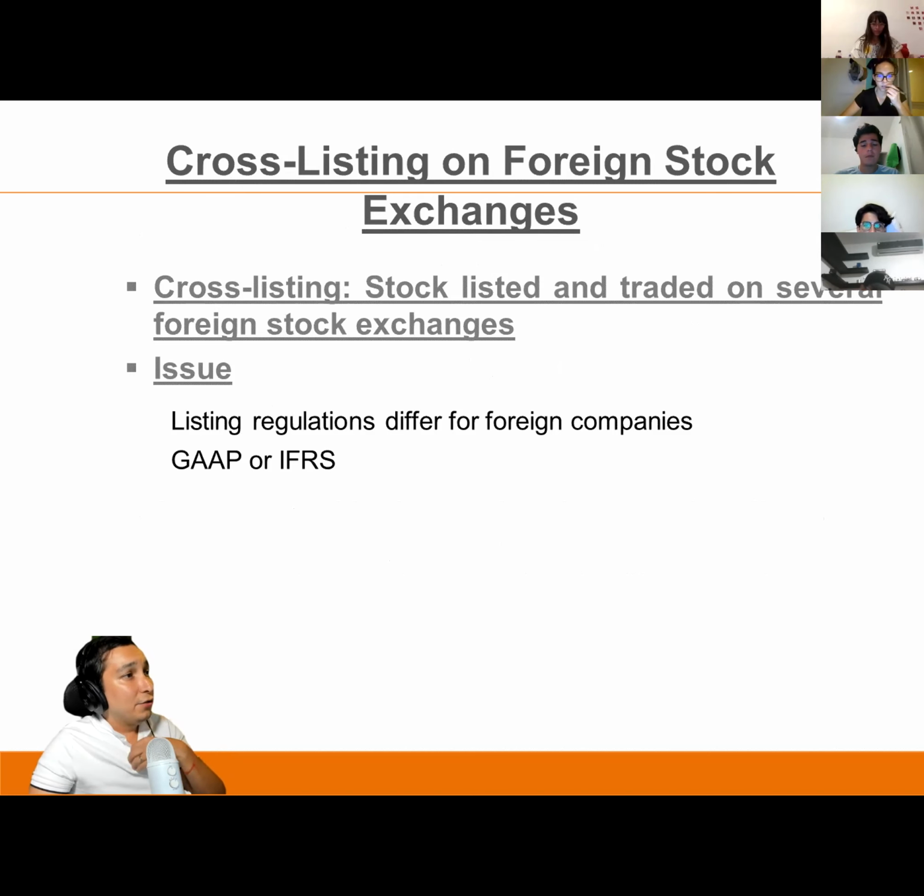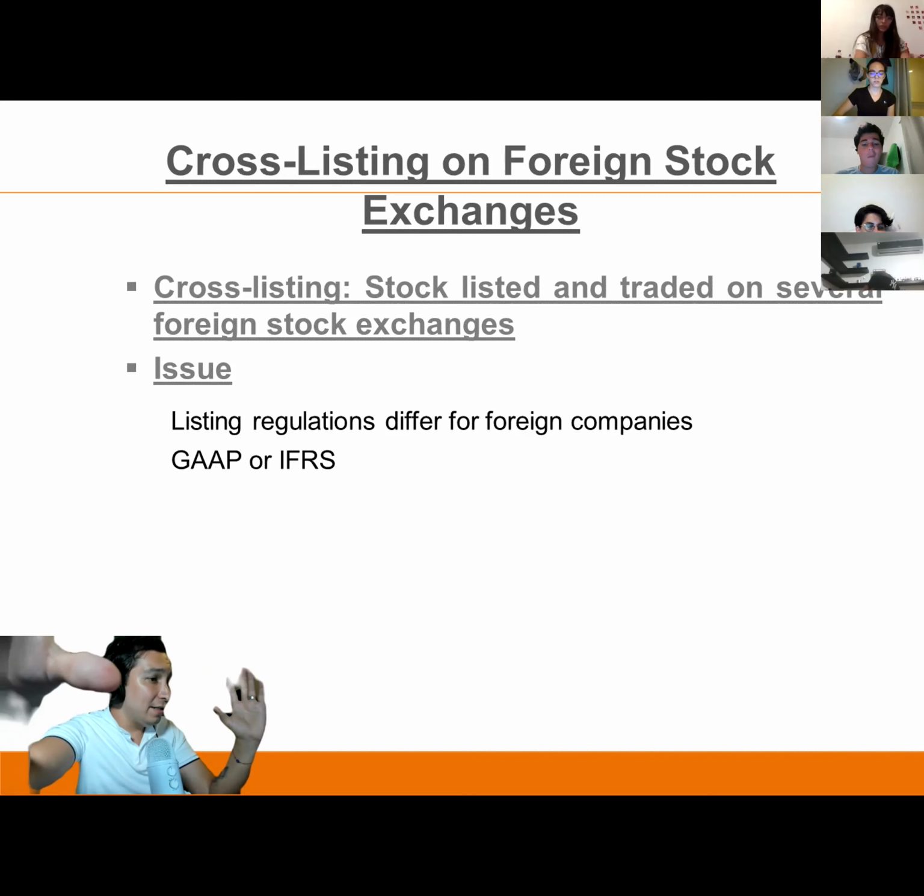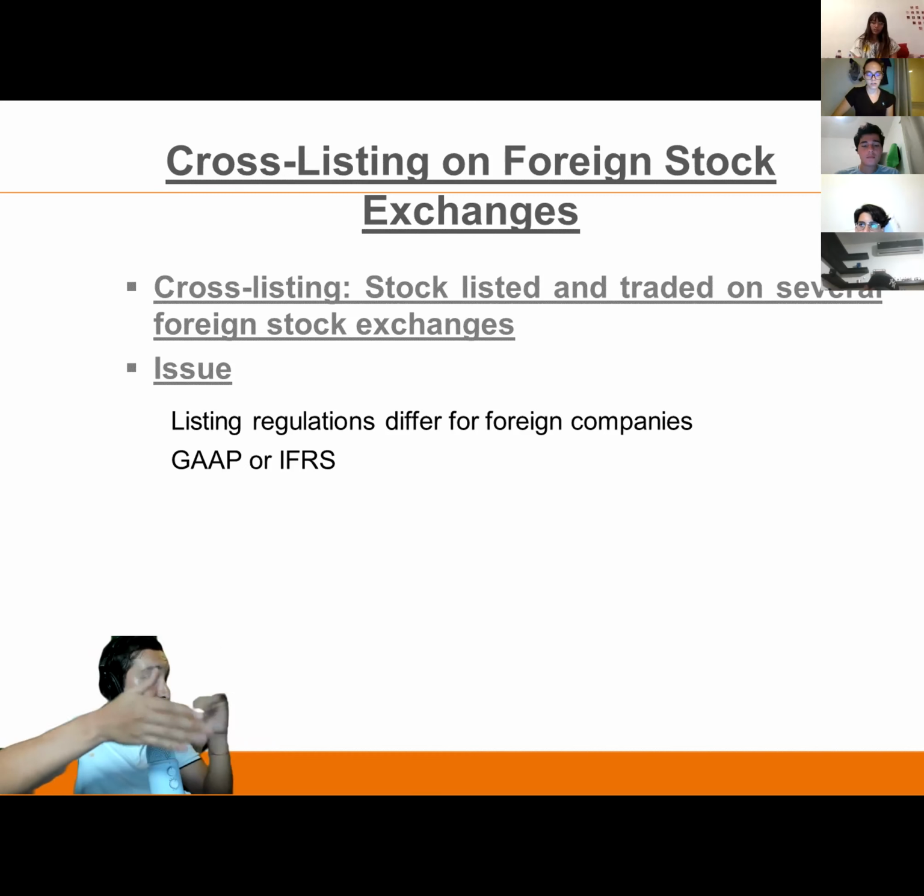You have to fulfill the requirements of the foreign stock exchange. Like in the US, they use US GAAP. If you want to move this company from the US and do a foreign investment in Europe, you would have to modify your accounting in order to comply with IFRS.